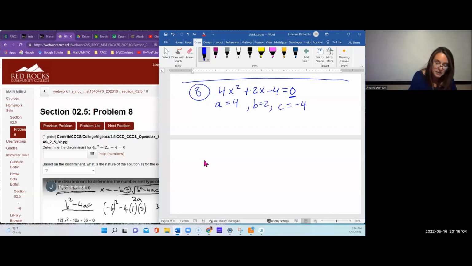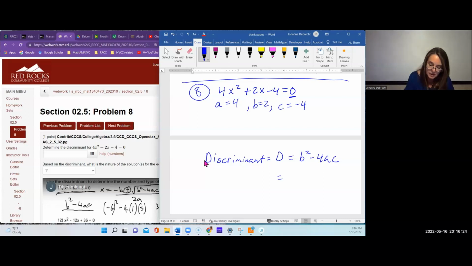Then we find the discriminant. Some people use the uppercase letter D for discriminant. This is b squared minus 4ac. If you write the formula every time you use it in the homework, you'll probably get it memorized.